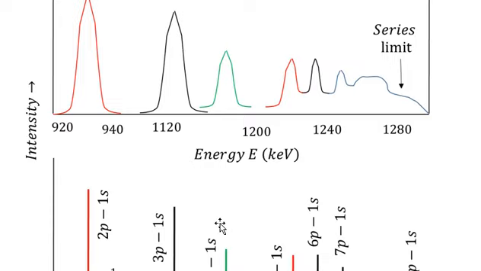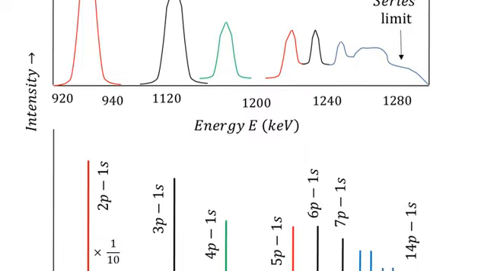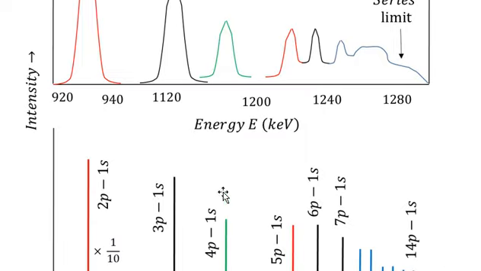Then for the green curve, which was obtained for the transition from 4p to 1s, you can see that the green profile will emit not only a single wavelength, but many other wavelengths will also be emitted, with reduced magnitude as you go away from the center of this peak.